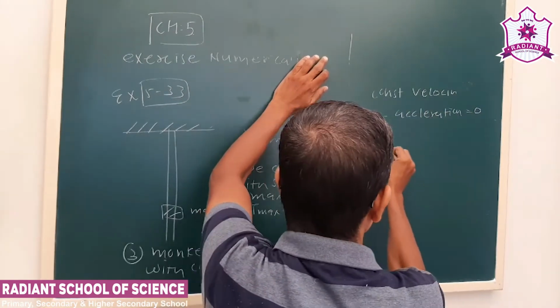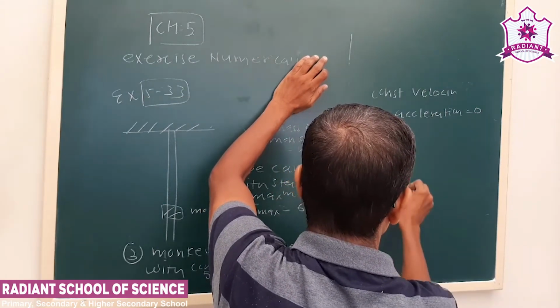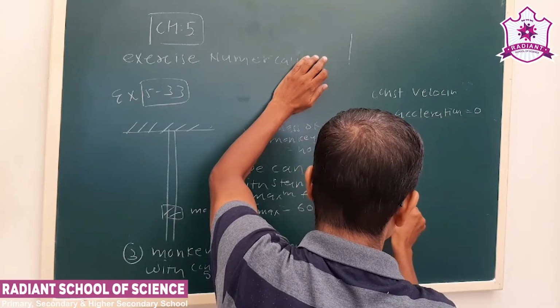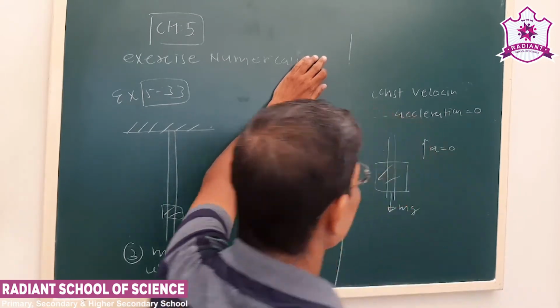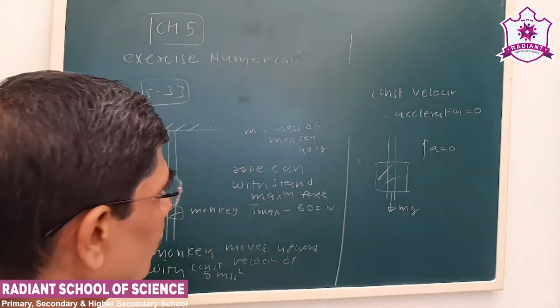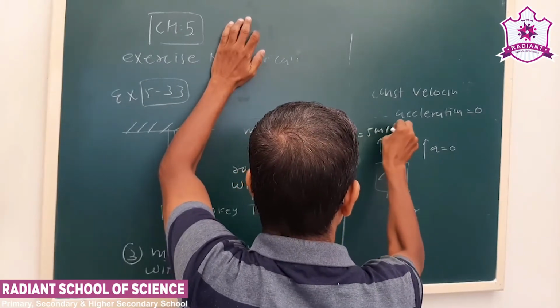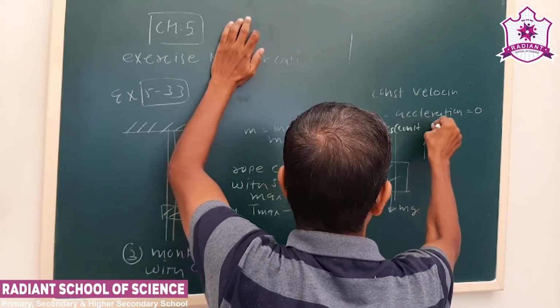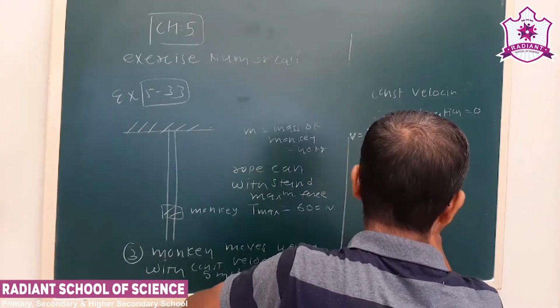Again, weight is mg, a is 0. Why? It moves with a constant velocity, there is zero acceleration, so AP also will be 0.